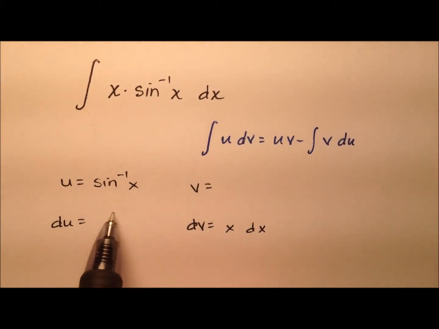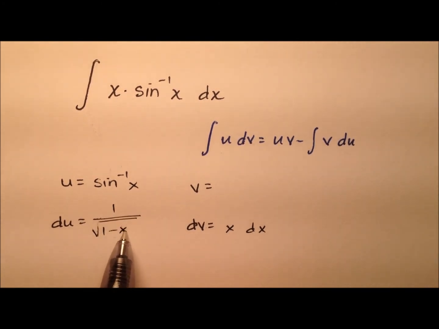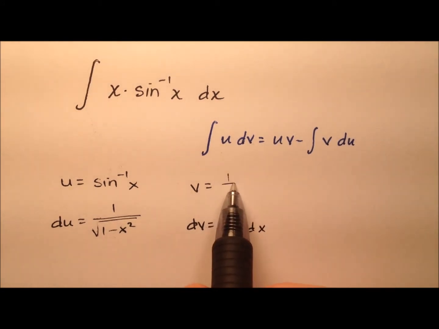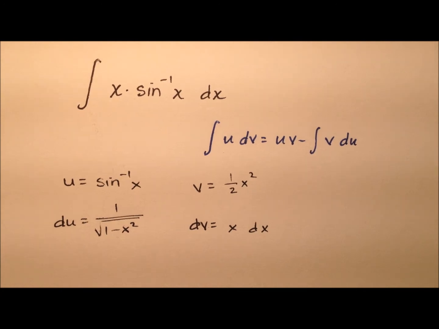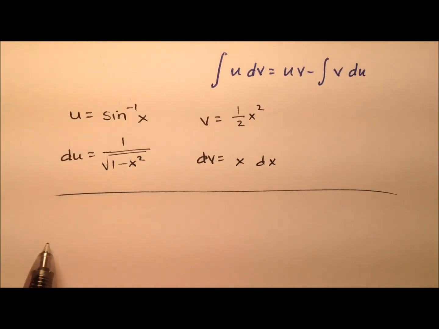Okay, so we'll differentiate here, and we'll have 1 over the square root of 1 minus x squared. And then when we integrate the x, we'll have 1/2 x squared. Okay, so here are the terms we'll need for this integration by parts. So let's go ahead and slide up and we'll put it all together.